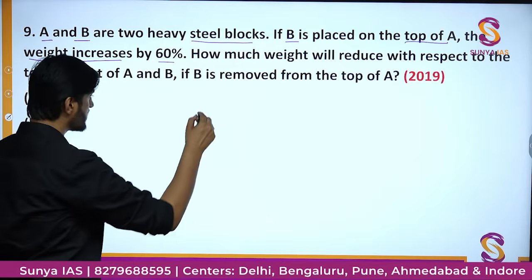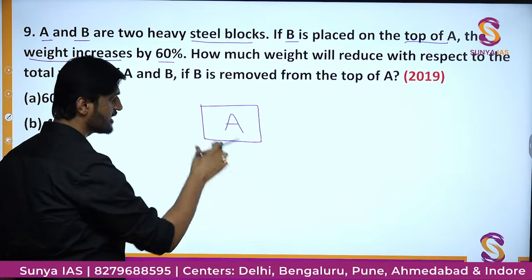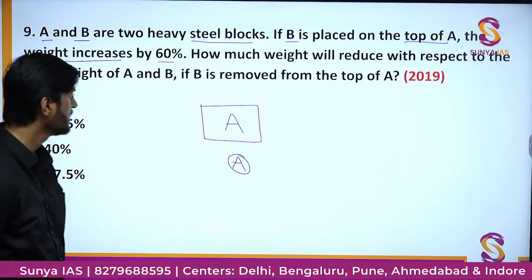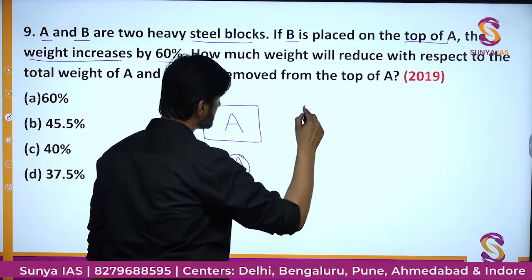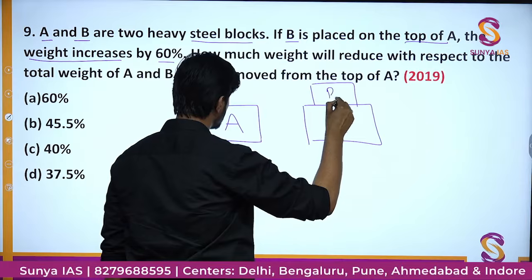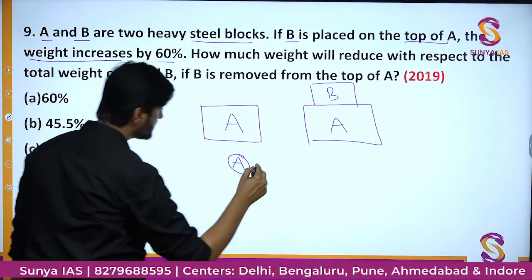Suppose there is a block A and you are taking its weight comes out to be A simply. Okay. Then you are doing what? You are placing another block B on the top of it, and now the weight is increasing by how much? 60%.